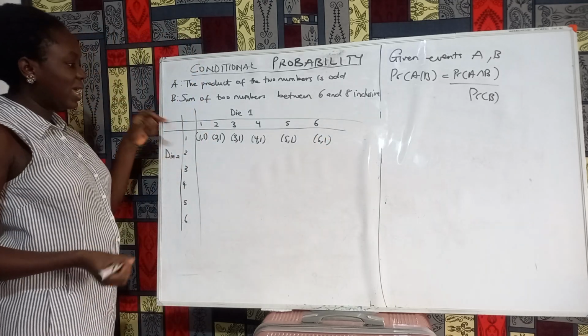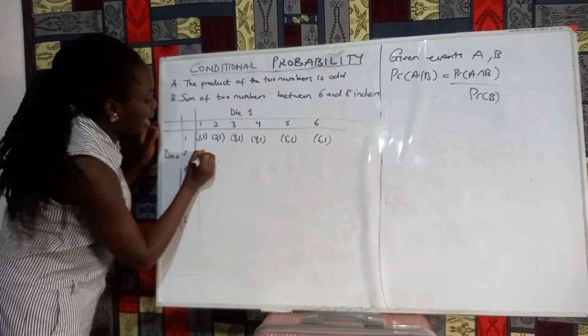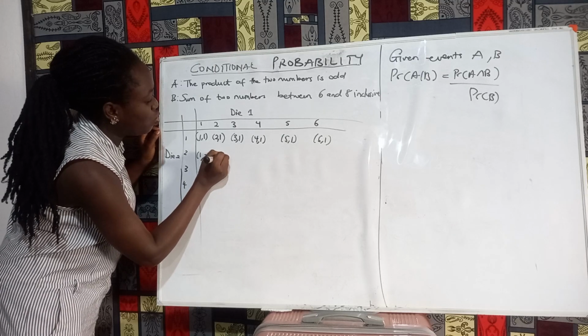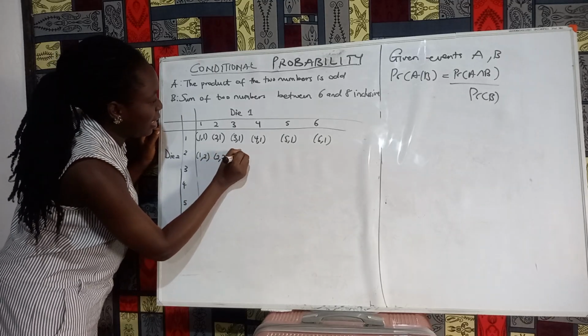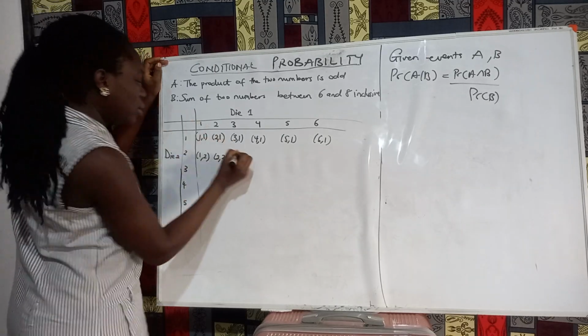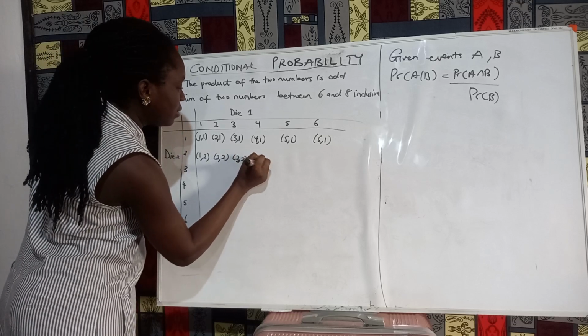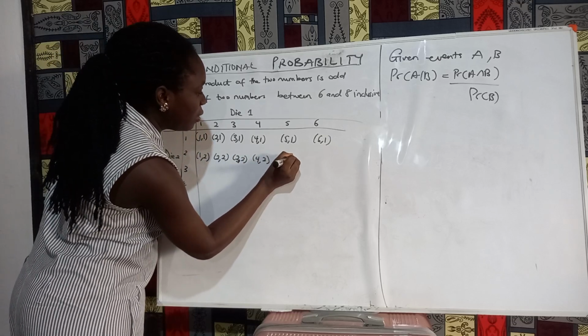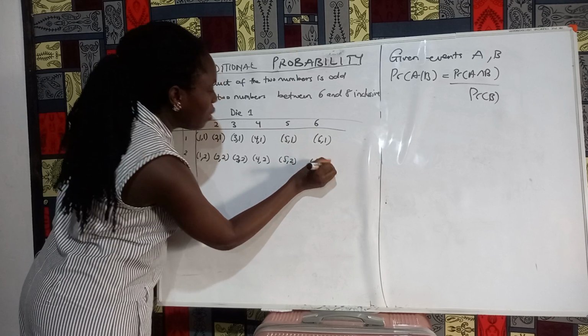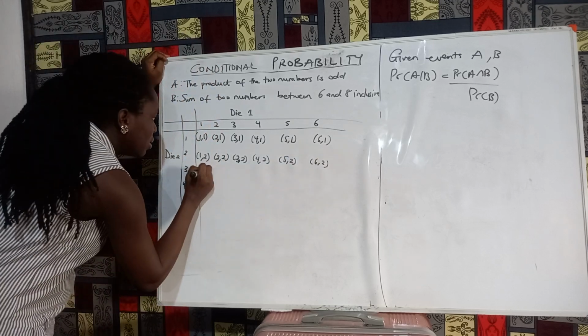Or I can get a 1 on the first and a 2 on the second, a 2 on the first and 2 on the second, and I continue. 3 on the first, 2 on the second.